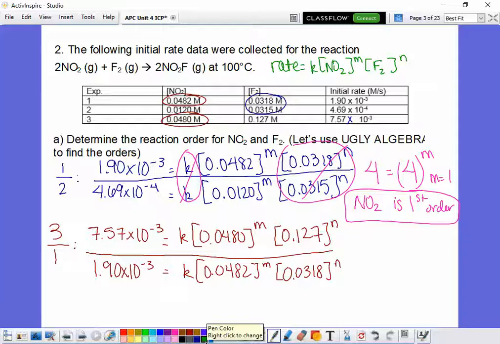What will cancel? K is going to cancel. And this term, right? Those two things cancel.